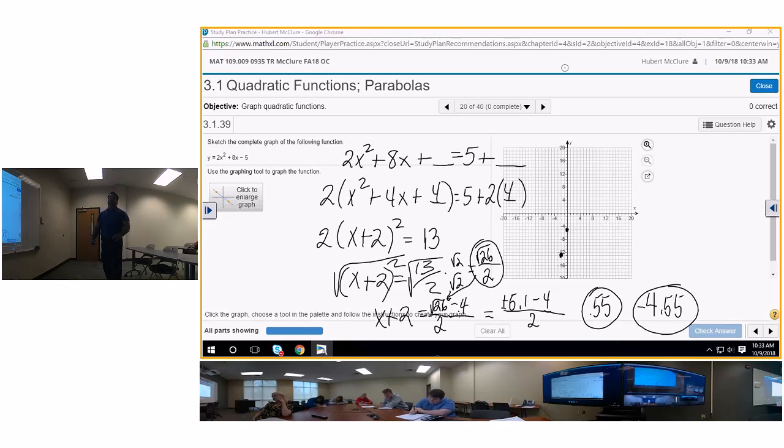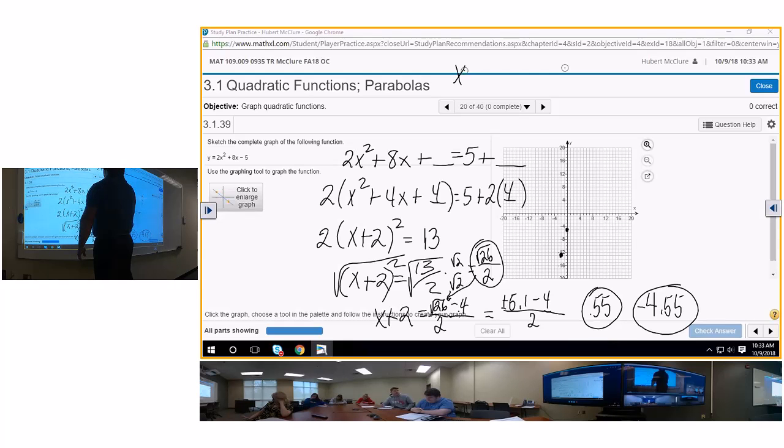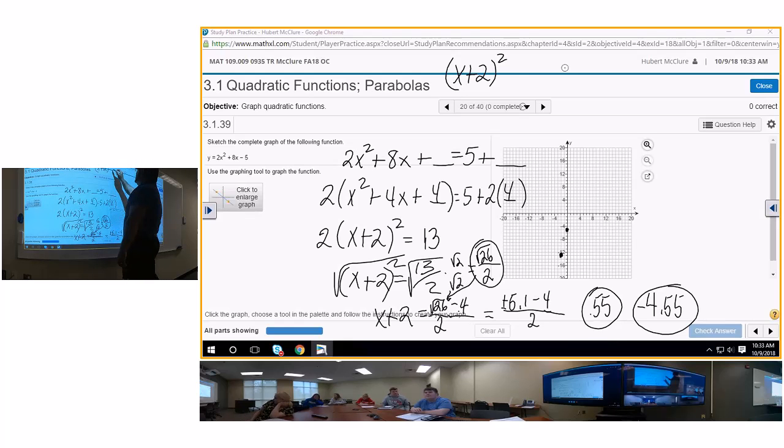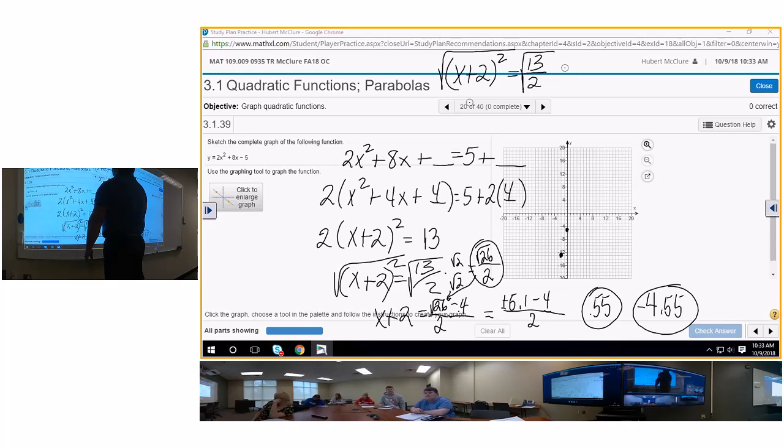Remember, you have to rationalize the denominator. You can't have a radical in the denominator. So you have to rationalize. So just to show you again, x plus 2, quantity squared, is equal to 13 halves. And I took the square root of both sides, and that gives me x plus 2 is equal to the square root of 13 over the square root of 2.